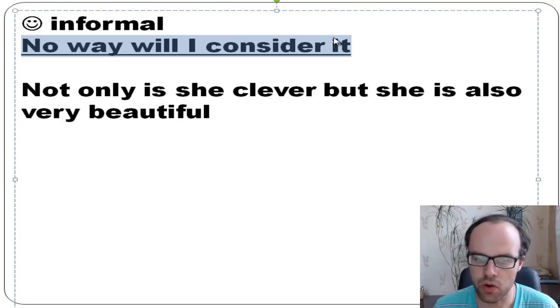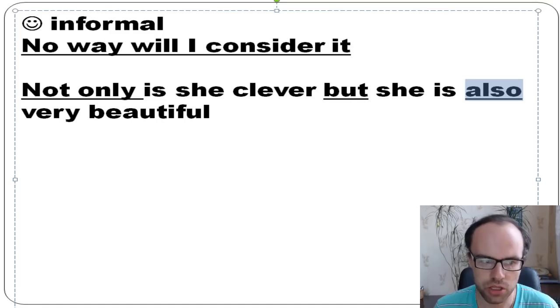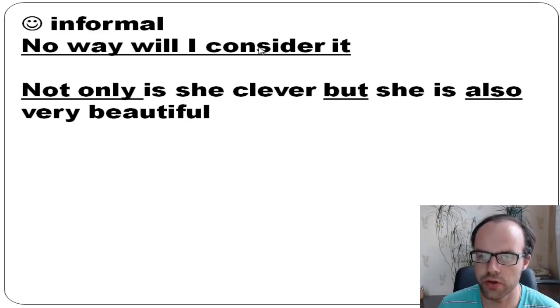And there is one more great structure, not only but also. Please have a look at this structure too. It's also very important, really. Well, we use the opposite word order after not only.